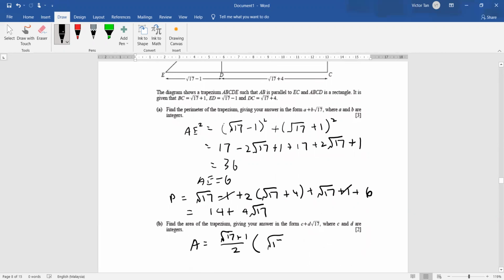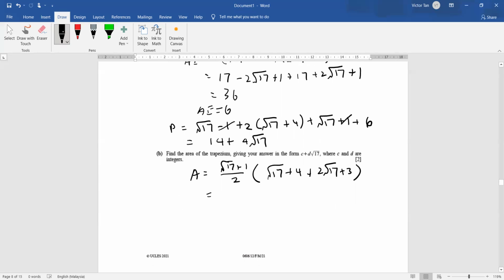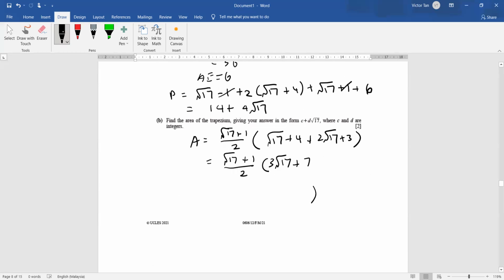So it's root 17 plus 4 plus 2 root 17 plus 3. Okay. So root 17 plus 1 times 3 root 17 plus 7.